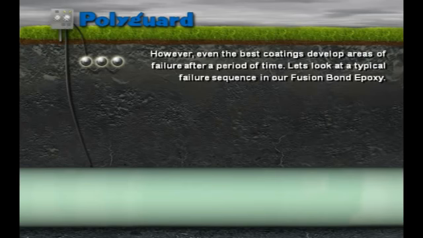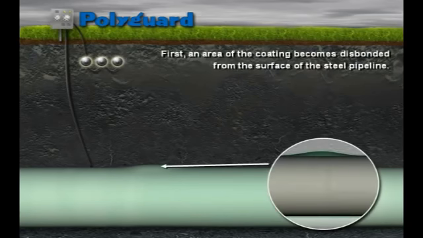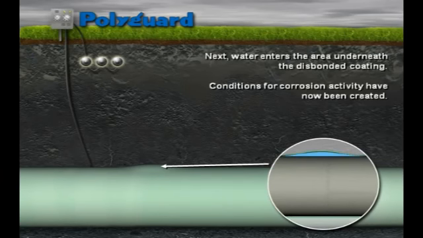Let's look at a typical failure sequence in our fusion bond epoxy. First, an area of the coating becomes disbonded from the surface of the steel pipeline. Next, water enters the area underneath the disbonded coating. Conditions for corrosion activity have now been created.